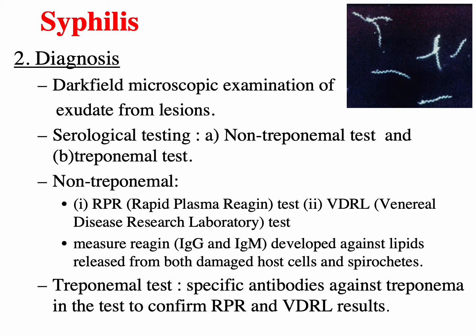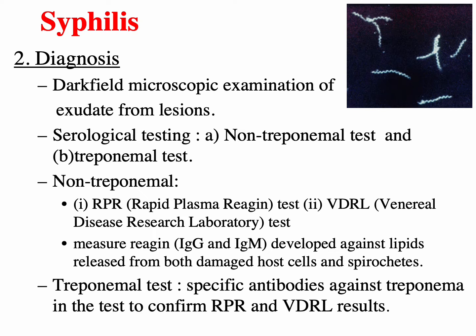So during the infection, your body develops antibodies directed against the spirochete and also against our own damaged cells, the lipids, and the test specifically looks for those two antibodies.